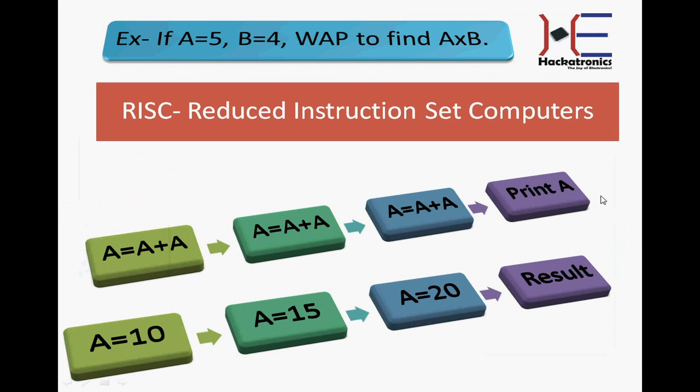The same has been done here, as you can see. Using this method of calculation, the calculation in each step is easy, but the number of steps are larger. Such type of processors or controllers are known as RISC, that is reduced instruction set computers. Now here you got a new term, instruction set. What is this?